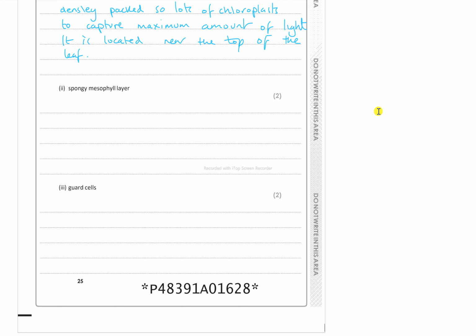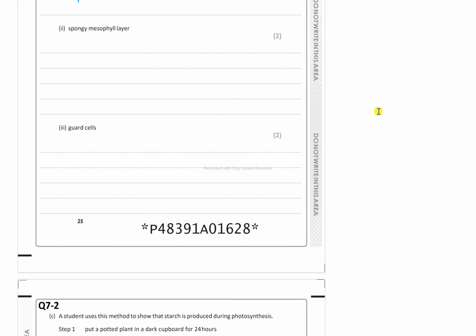Right, spongy mesophyll layer. This has air gaps or spaces to allow gases to diffuse in and out.